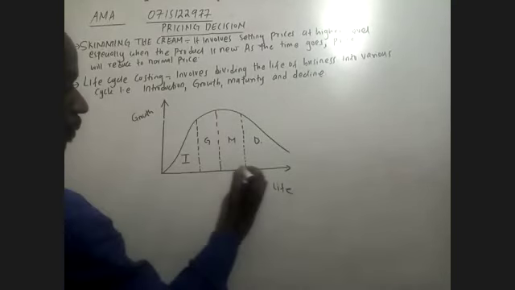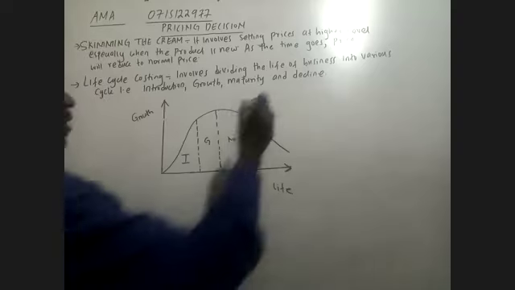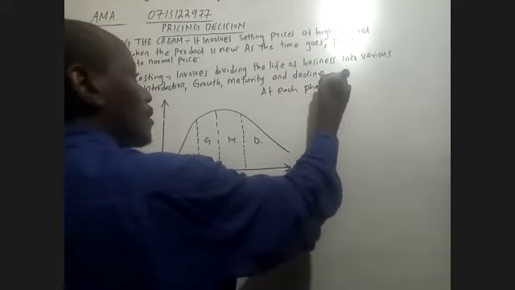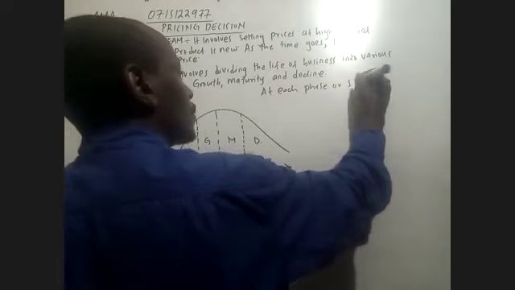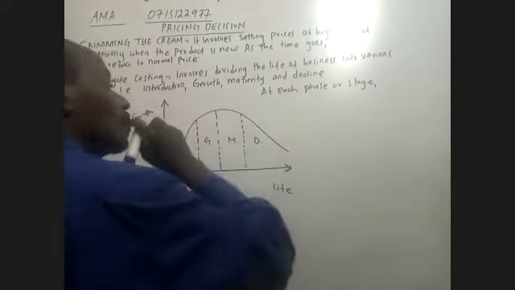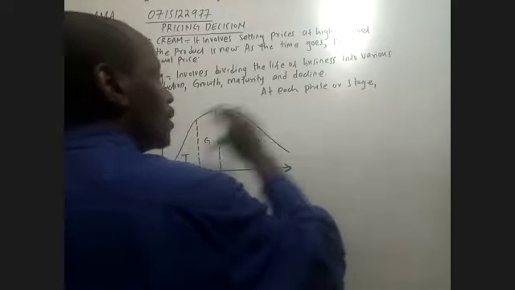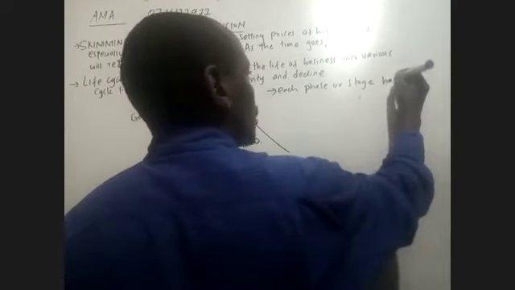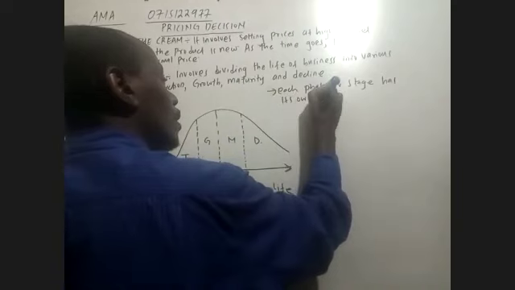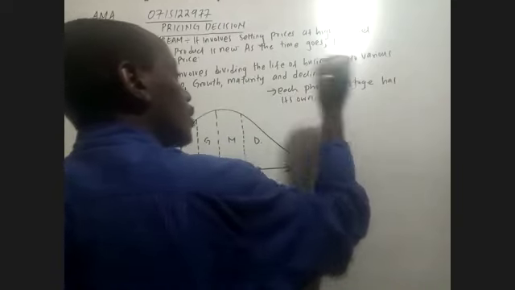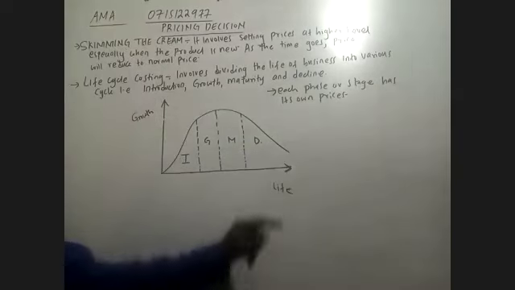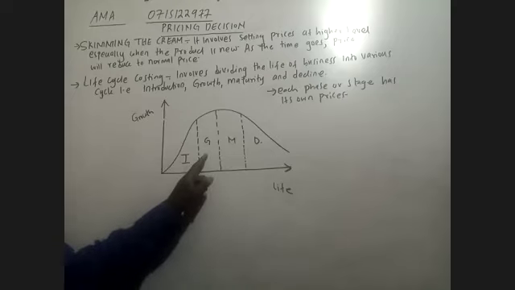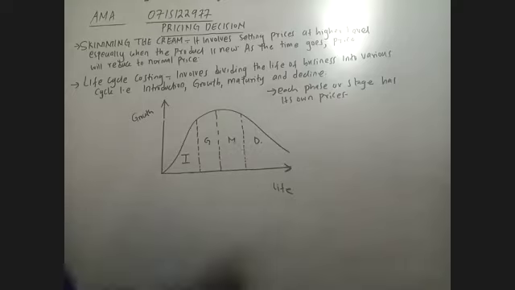We take our cash flows and multiply with the present value interest factor for the end of the period. Remember, this is different from the other one, so don't mix it up with this one.